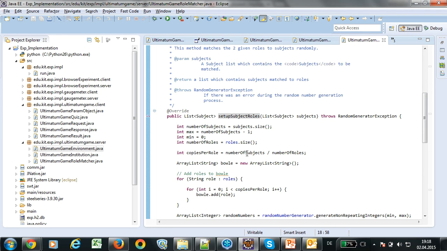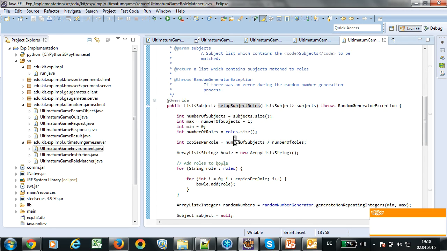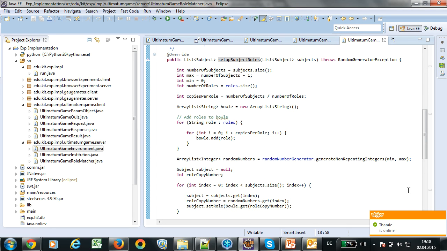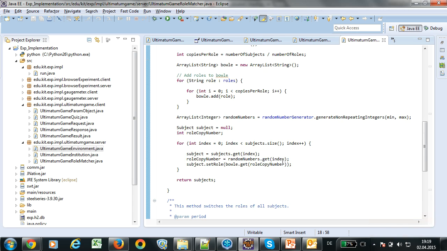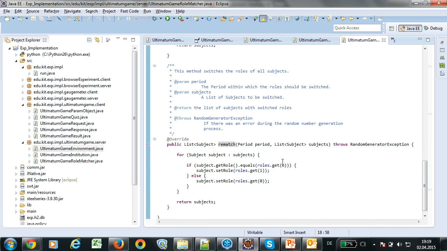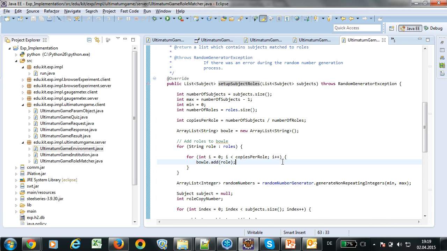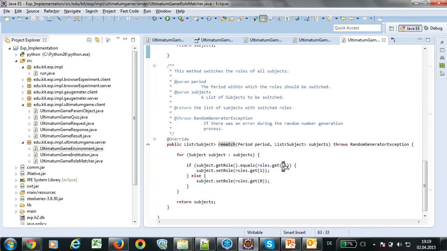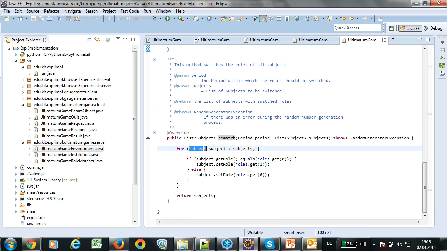And the ultimatum game role matcher can be used to define two methods, which are the setup objects and the rematch objects. The setup objects can be used to define how roles are matched in the first period, and the rematch can be used to define how roles are matched in subsequent periods, like what happens when each period is changed and how roles can be matched between them.